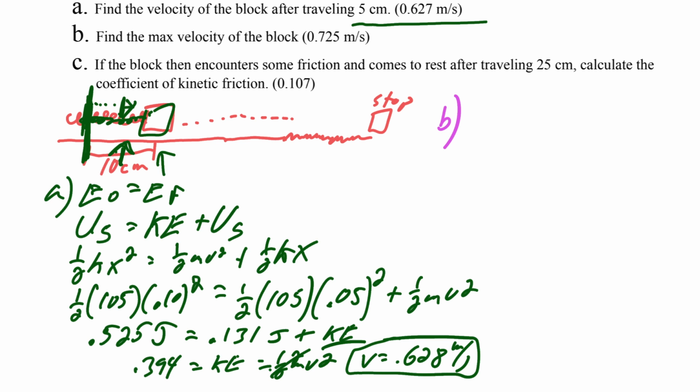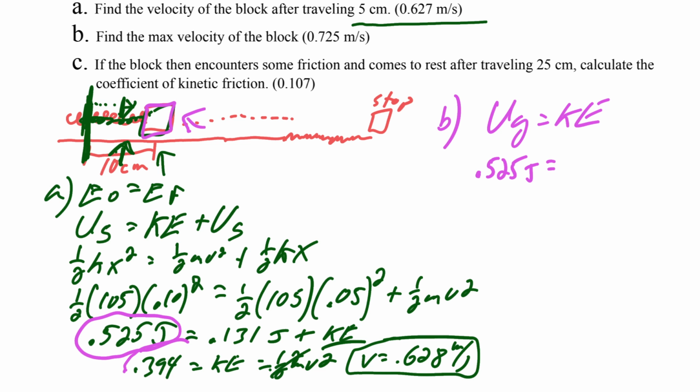Now letter B, on the other hand, is looking for the max velocity. So the max velocity would be when all that potential energy gets turned into kinetic energy, right? So in this case, we actually already know that potential energy. That was right here, when it's fully compressed. So that would be 0.525 joules of potential, and that's now how much kinetic we have.